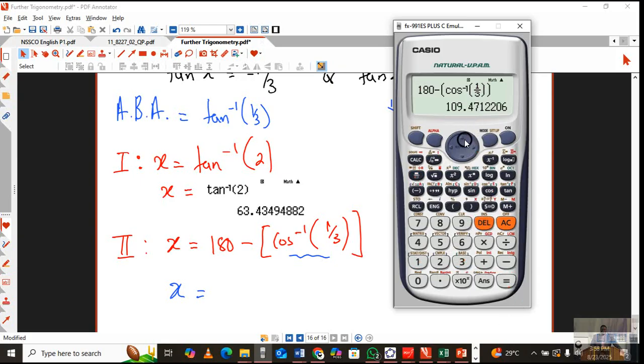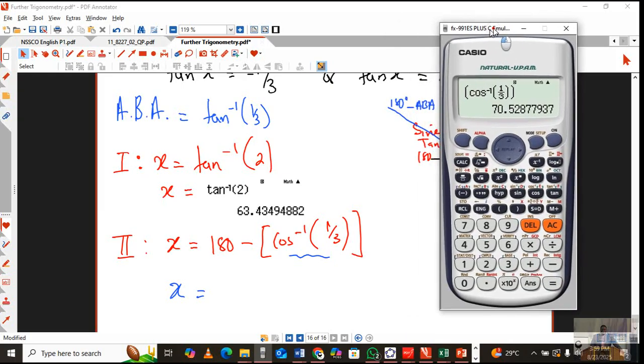180 minus that. Do we get 109? Just checking, maybe I have made a little mistake. When it's negative, let's leave the 180 for now. We get 70.